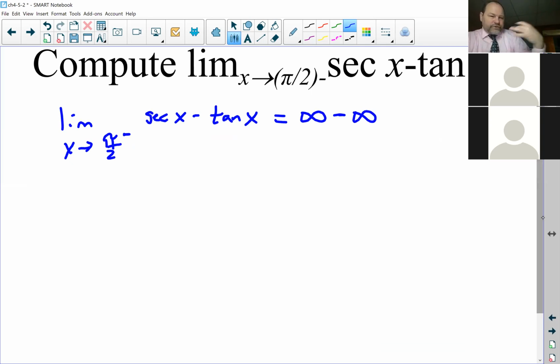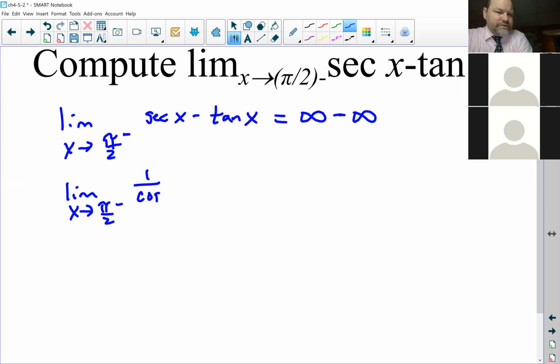So now we want to try to write this as a quotient. And so using our trig identities, I already have common denominators, which is nice.